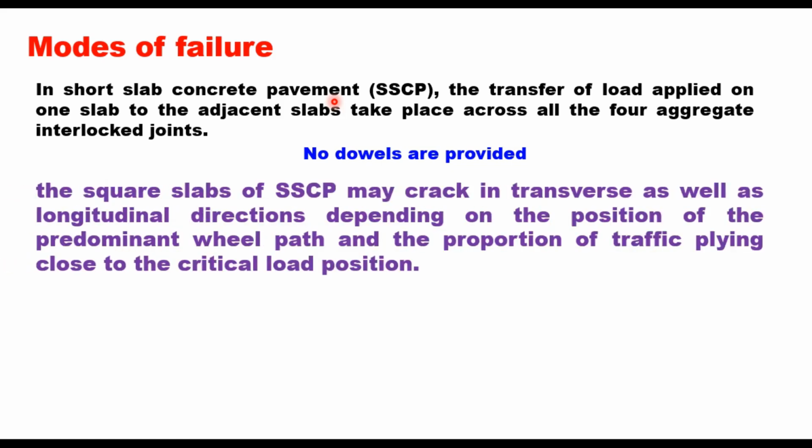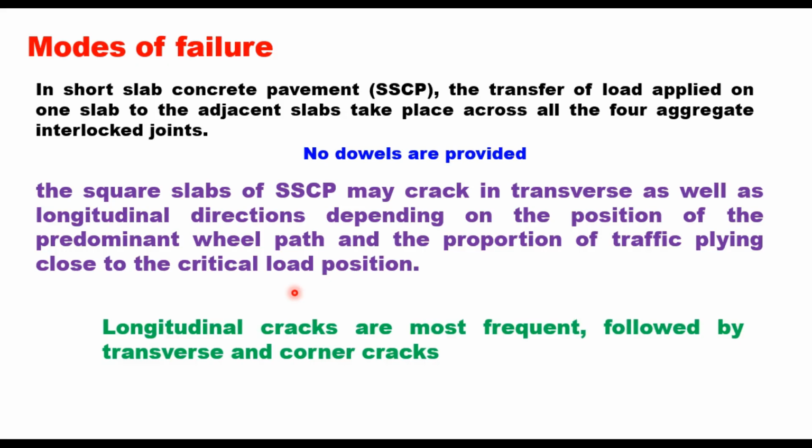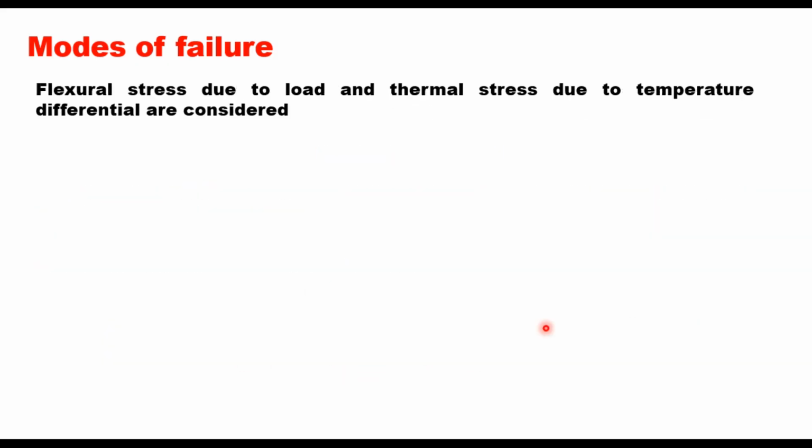But the square slab of short concrete pavement may crack in transverse as well as longitudinal directions depending upon the position of predominant wheel path and the proportion of traffic plying close to critical load position. Available experience indicates that longitudinal cracks are most frequent, followed by transverse and corner cracks.